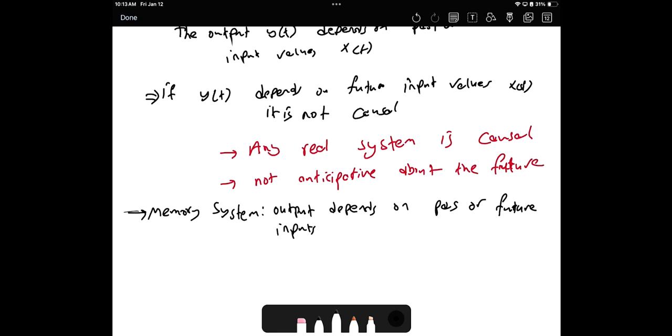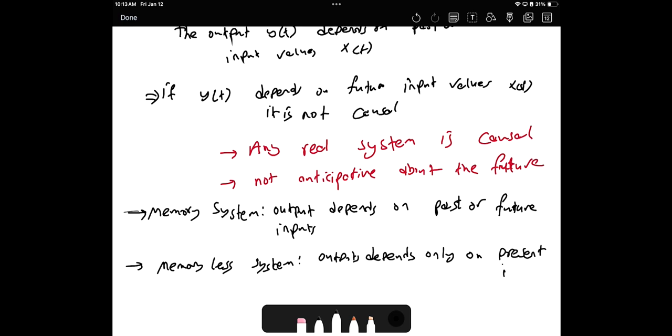It has a memory. While there is something called a memoryless system, where the output depends only on present inputs. So that's it. Memory means depending on past or future, while memoryless has no memory in it, so it depends on the present.